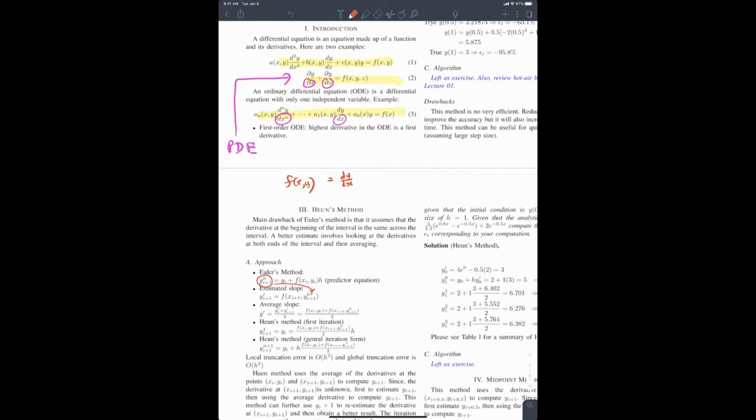So that is an estimate of the slope. Sometimes we write it as y prime. So y prime, the estimate you get from Euler's method, we use it to predict the slope, and then we find the average slope.